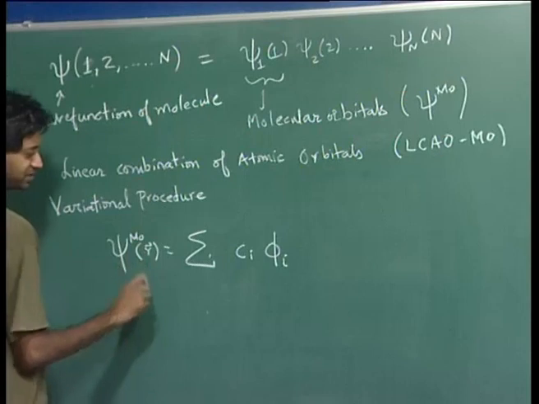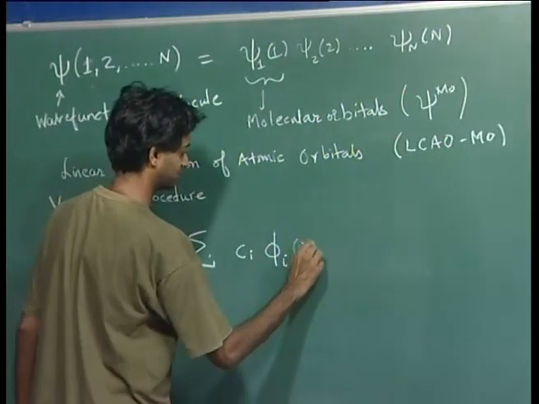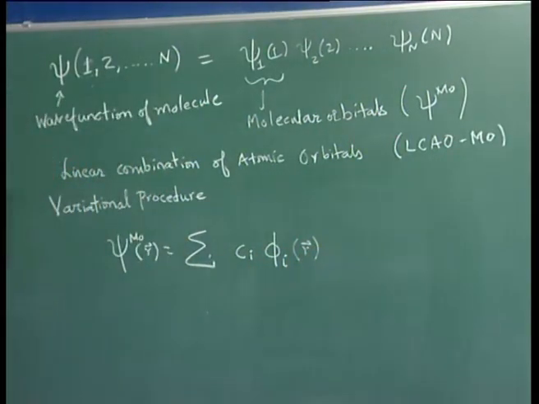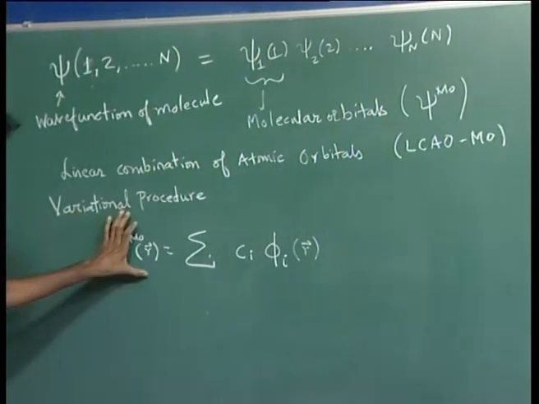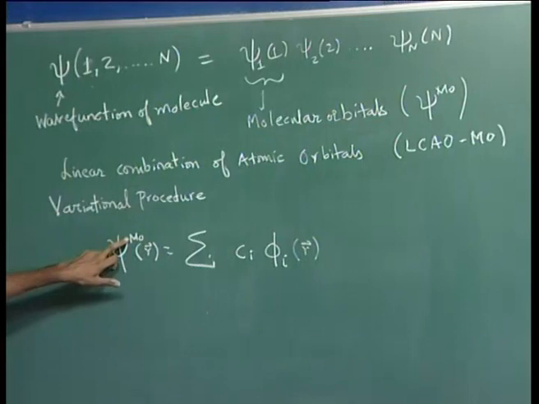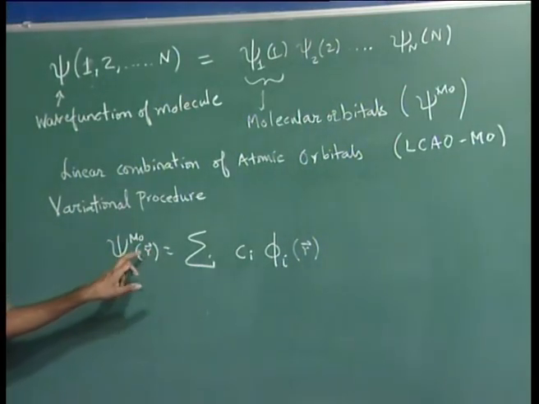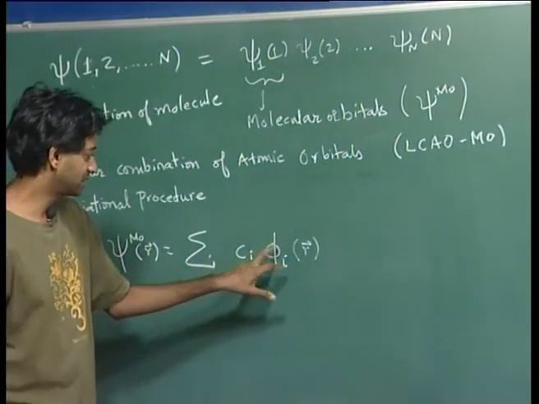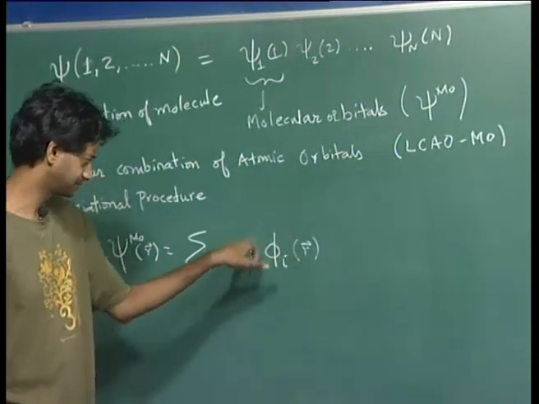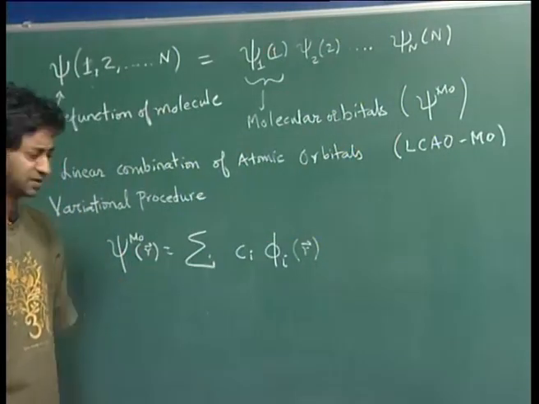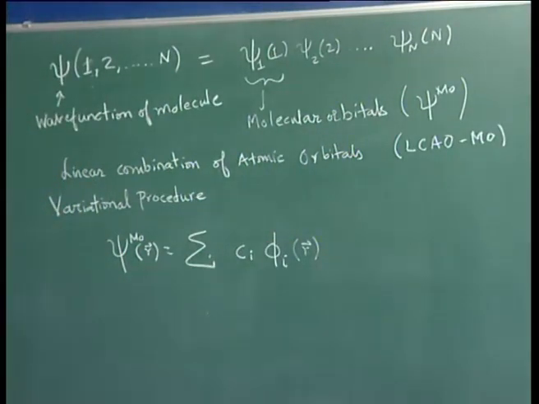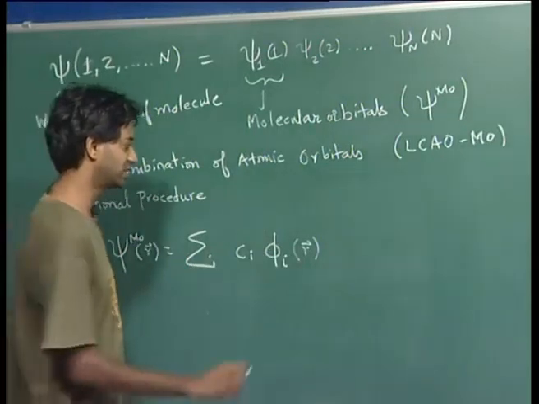Okay, this is the coordinate of the electron. Okay, and I'm restricting only to the spatial part. So the molecular orbital is a function of the coordinates of one electron. I just call that coordinate r. Okay, and that is written as a linear combination of various functions.